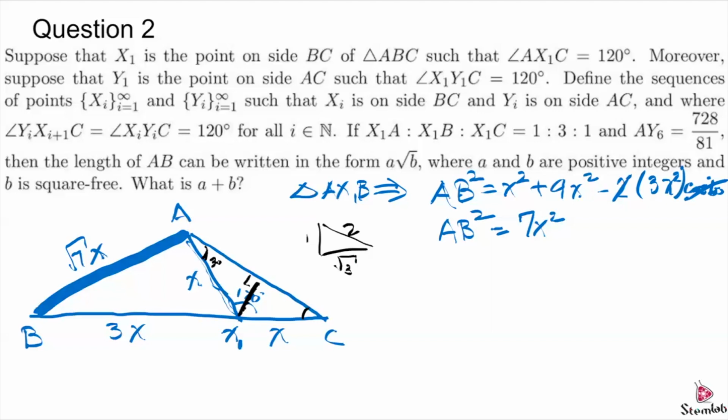Right now the 2 is the x, so this basically means that A to y1 is √3x over 2, and so AC is √3x, because each side here is root 3 over 2 x.